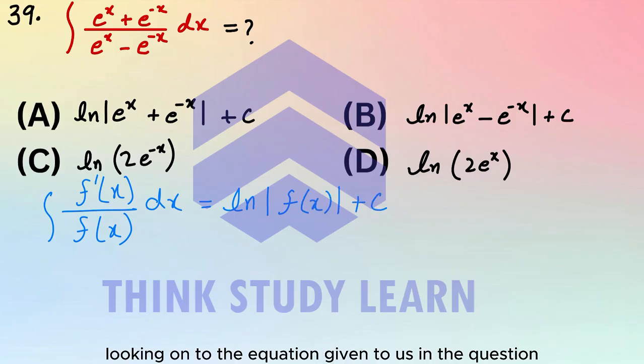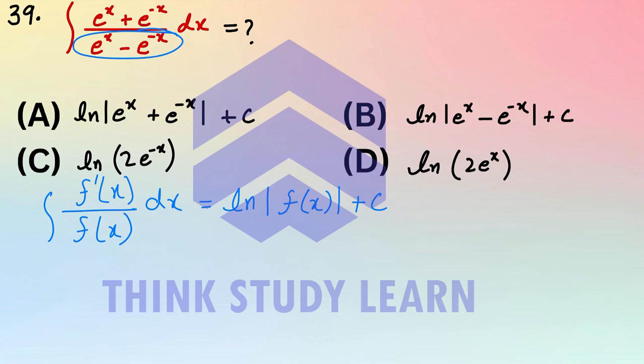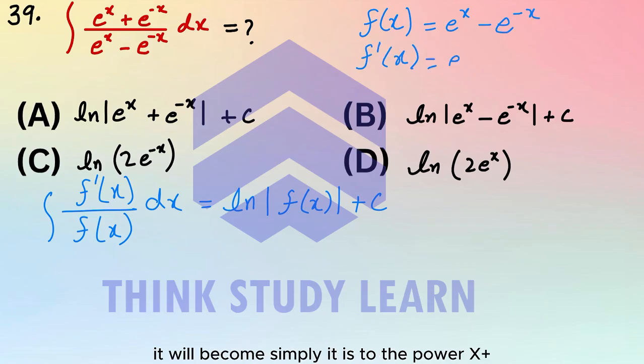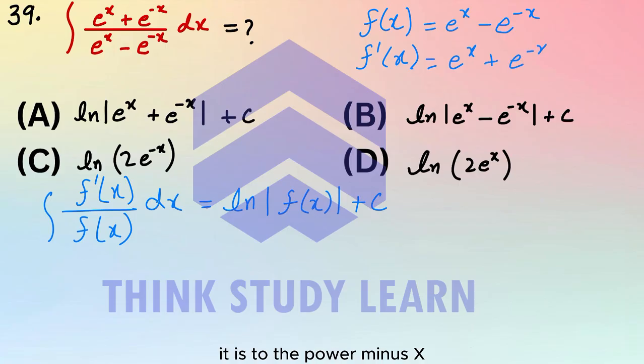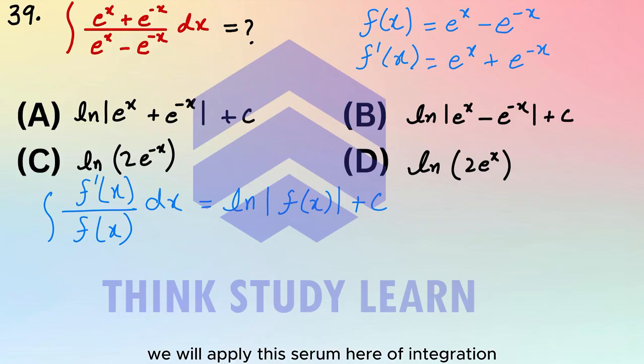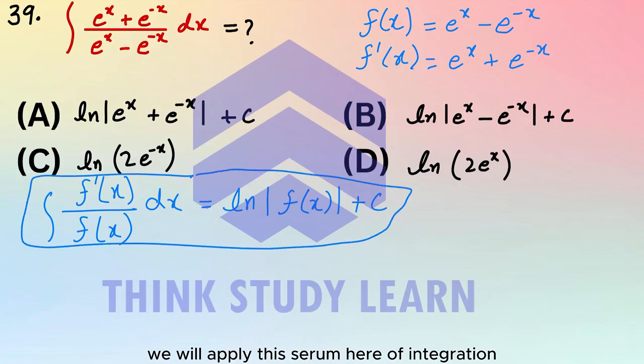So looking onto the equation given to us in the question, the function given to us is e raised to the power x minus e raised to the power minus x, and if we take its derivative, it will become simply e raised to the power x plus e raised to the power minus x. So since the derivative is present in the numerator, we will apply this theorem here of integration.